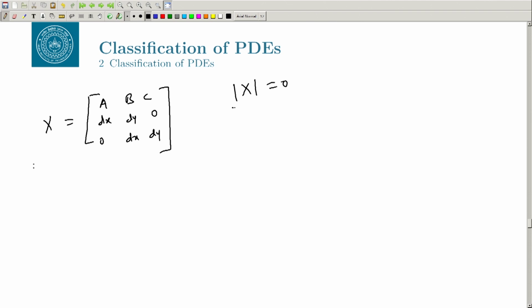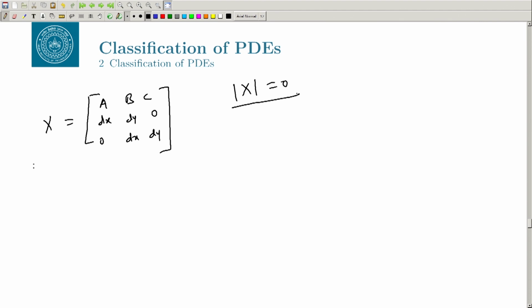Look at the matrix that we have: a, b, c, then dx, dy, 0, and then 0, dx and dy. If this is your matrix X, we want this determinant to be 0.